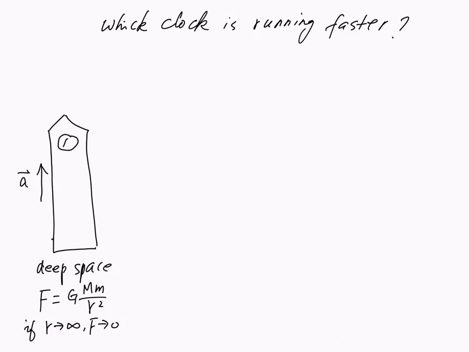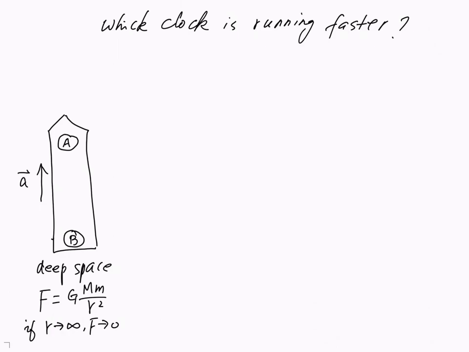Within that rocket, we have two clocks, clock A and clock B. Let's say A is in the front and B is at the end of the rocket ship. We want to measure the clock speed. How do you measure a clock speed?